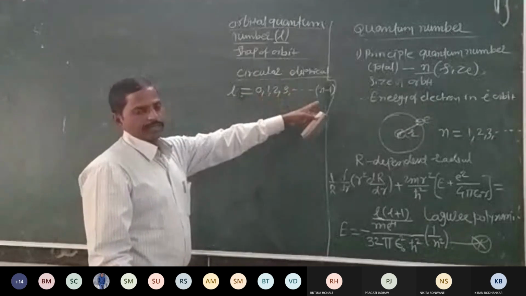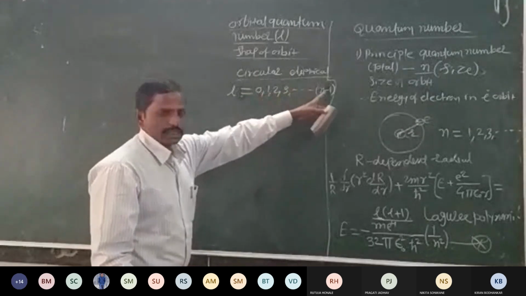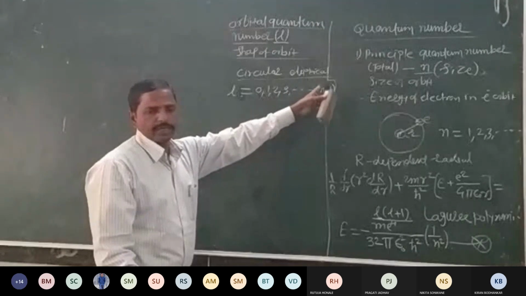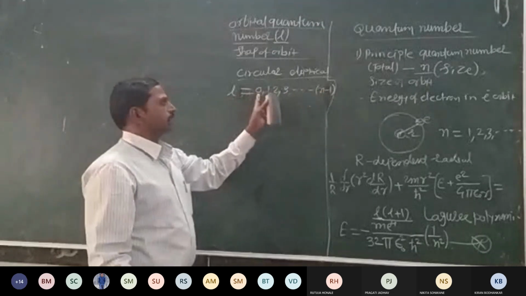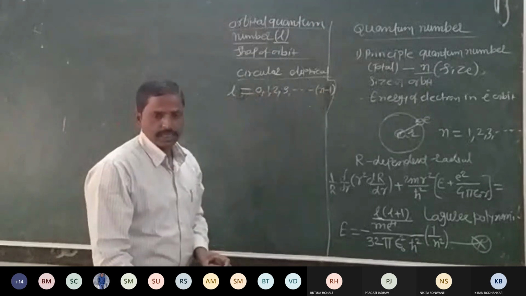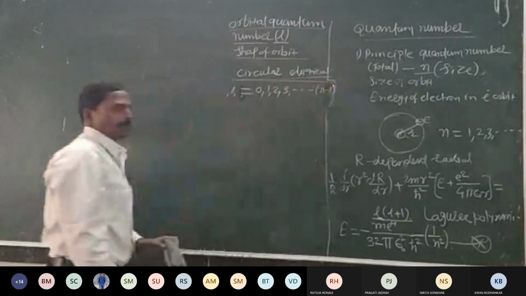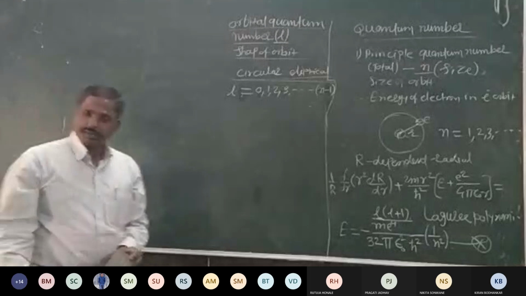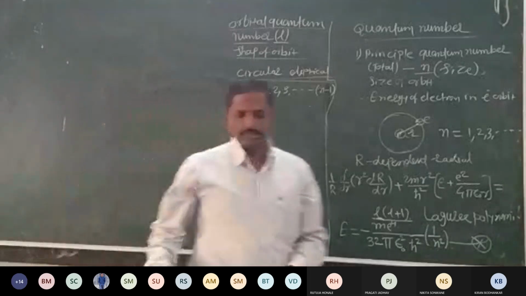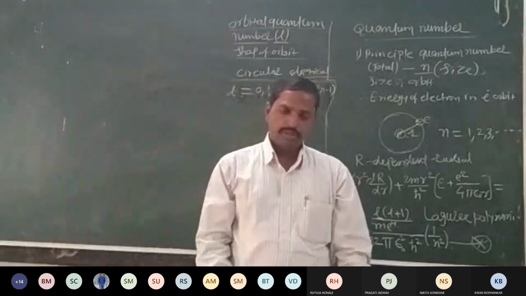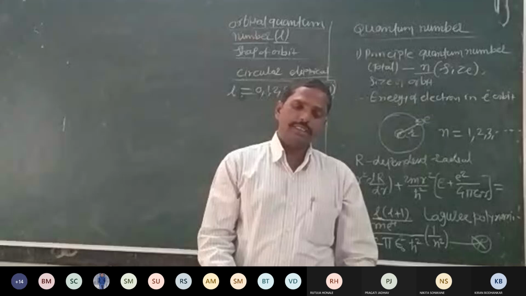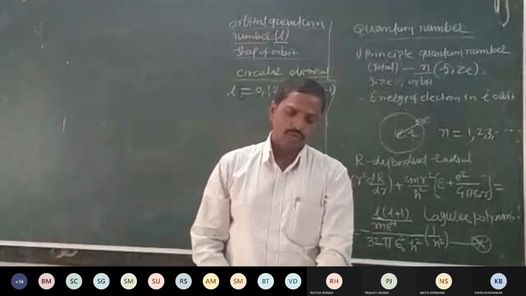Means n minus 1 जर केला तुम्ही, 1 जर घेतला n is equal to 1, so 1 minus 1 is 0. So L is equal to 0. Means the orbital quantum number which decides the shape of the orbit gives the value L is equal to 0 also.